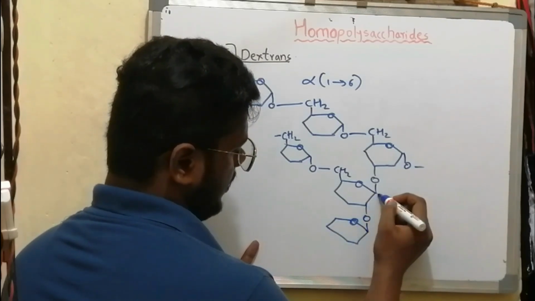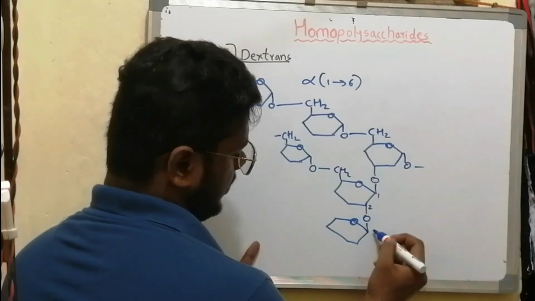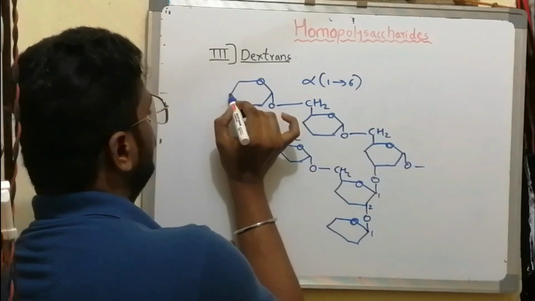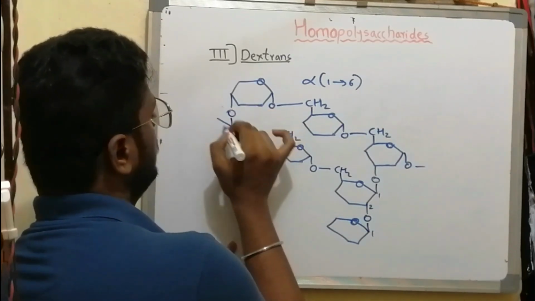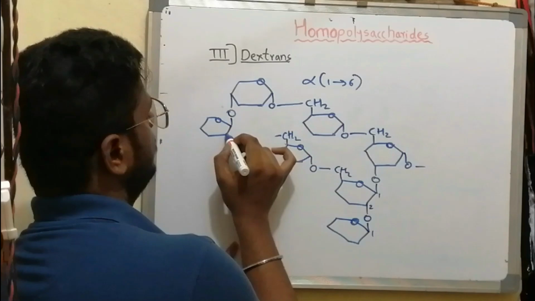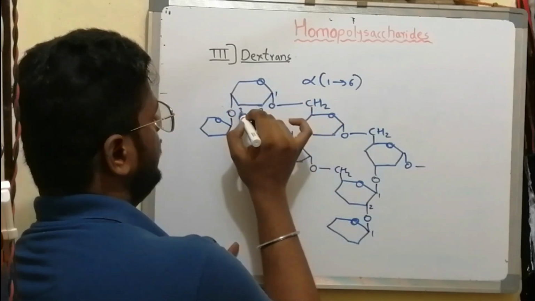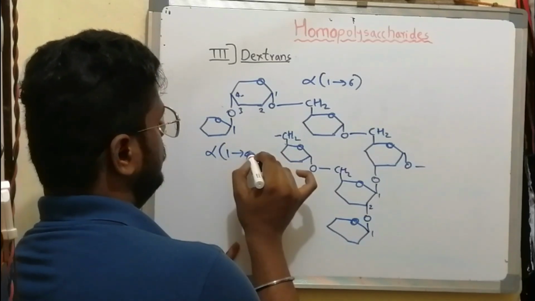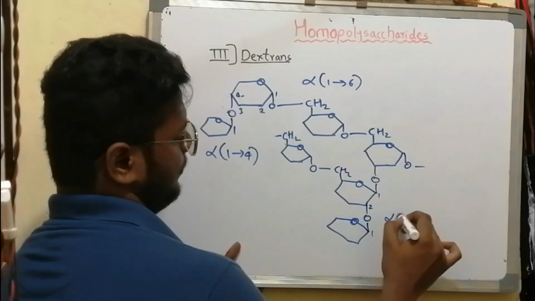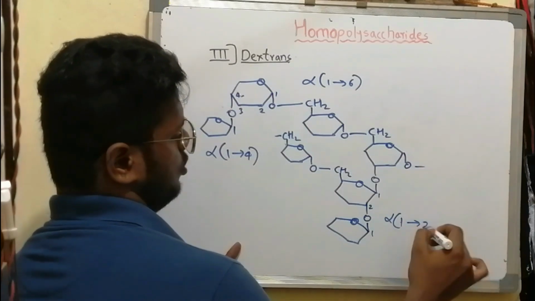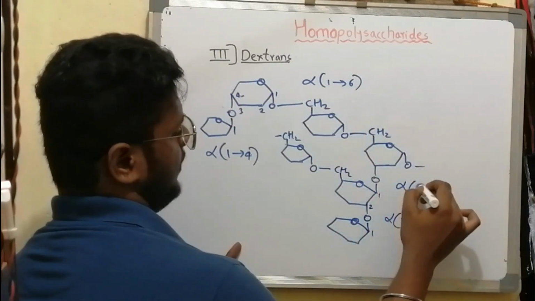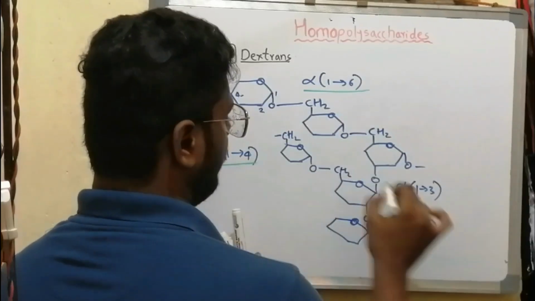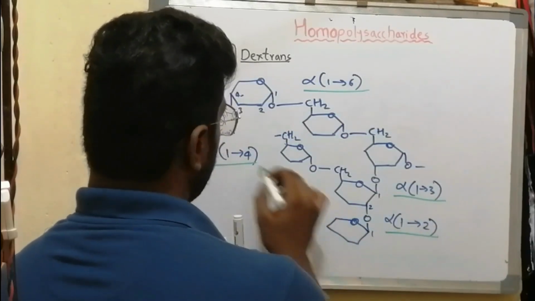This is C1, C2, and this is C1, so alpha 1,2 bonds, and at some points it may be present in the fourth position as well, which will be alpha 1,4.